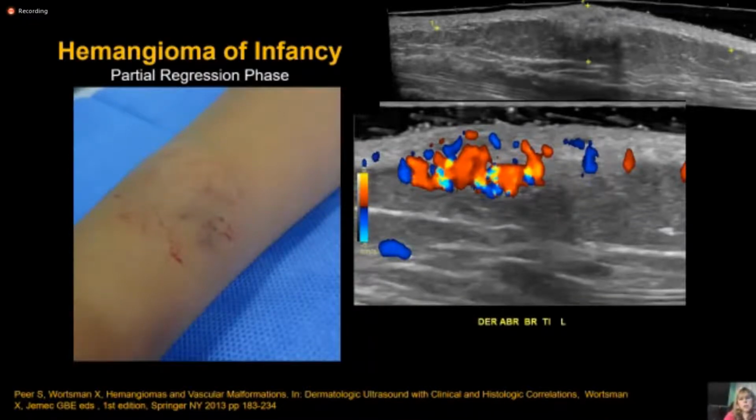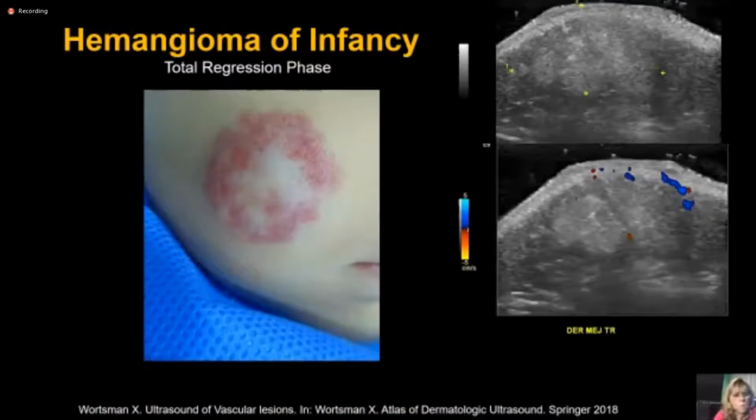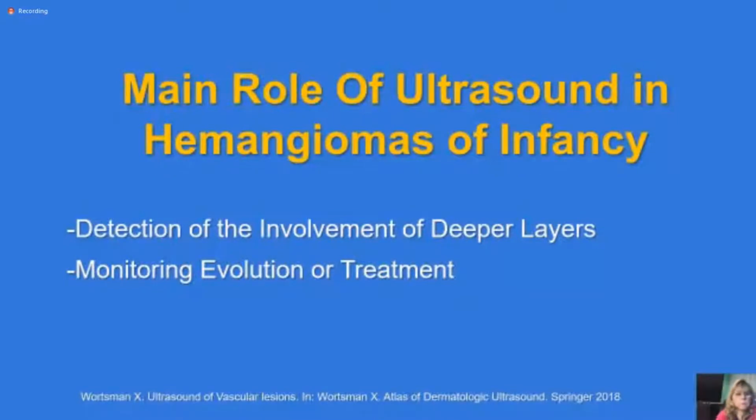You can notice the heterogeneity of the lesion located in the dermis and hypodermis, and let's say a medium vascularity. Then a hemangioma in total regression phase, which is impossible to confirm with the clinical lesion. You can see here that the lesion is mostly hyperechoic and presents a few vessels, mostly in the periphery.